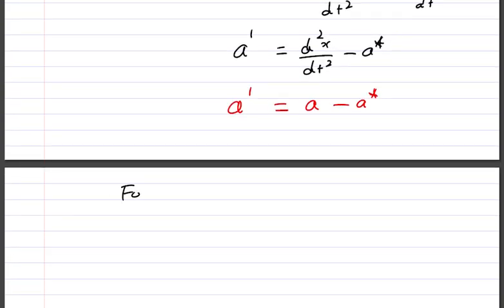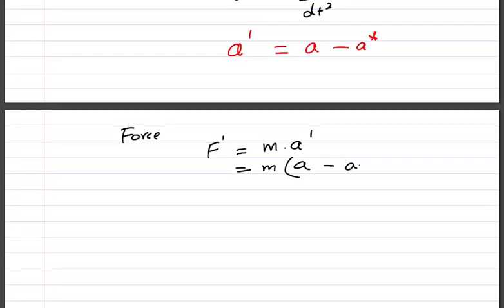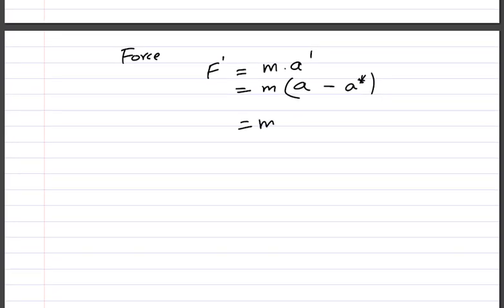Force with respect to S dash, we call F dash. There it was F, here it is F dash is equal to m into a dash, that is equal to m into a minus a star, or that is m a minus m a star.